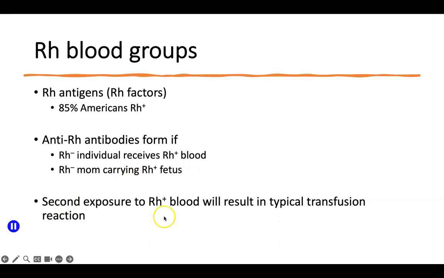However, a second exposure, so if this parent had a second child that was also Rh positive, that's going to cause a typical transfusion reaction. So it's going to cause a pretty severe rejection in that case. Luckily, there are things we can do to help prevent that reaction. However, we have to monitor these parents very closely to make sure that none of these transfusion reactions are actually occurring.